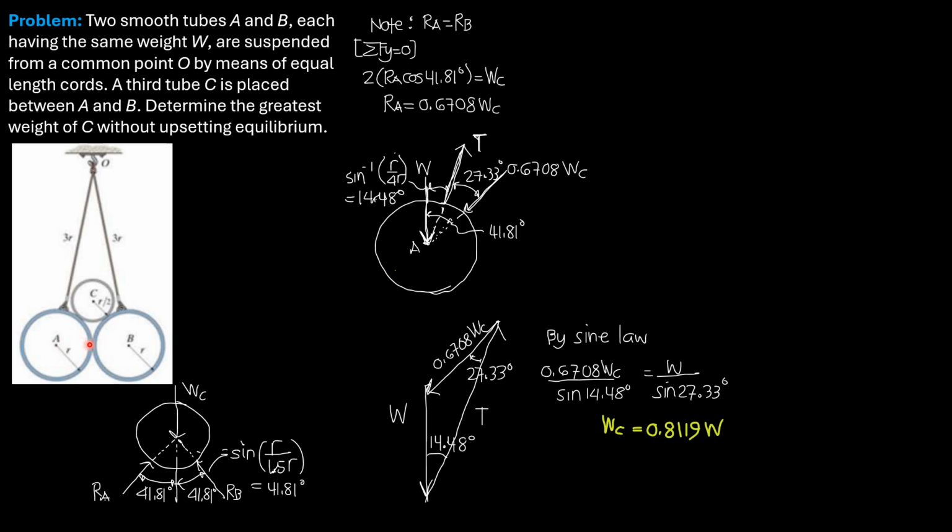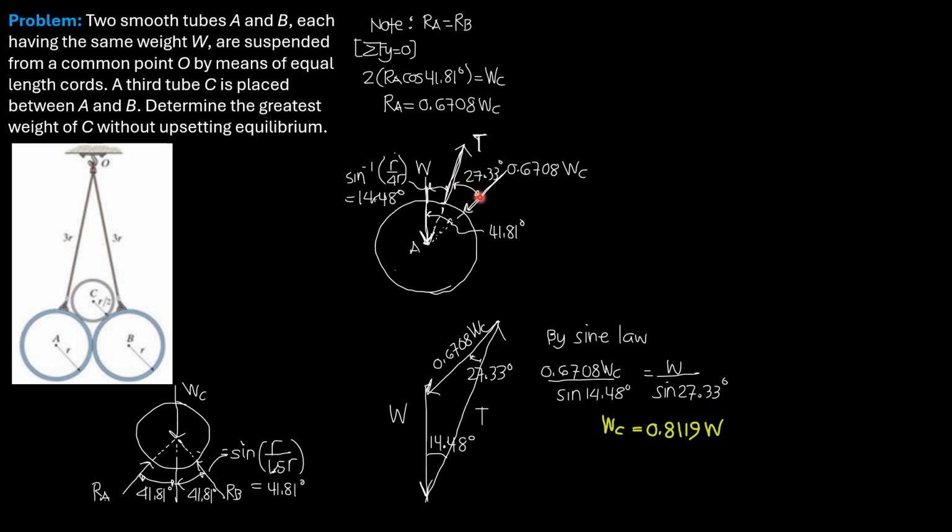That angle is 14.48 degrees. Therefore the angle between tension T in this chord and this reaction here is equal to 41.81 degrees minus 14.48 degrees, and that's 27.33 degrees.